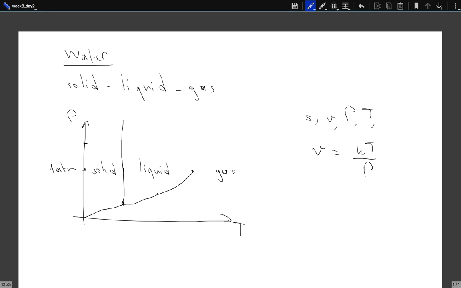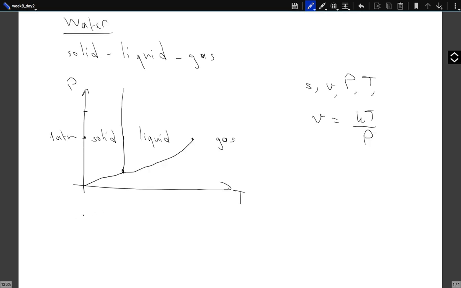But what it tells us is that there's a first order transition, let's say. So if we plot it as a function of a PV diagram, again, let's just look at water at 1 atmosphere. Well, the solid has a very small volume.